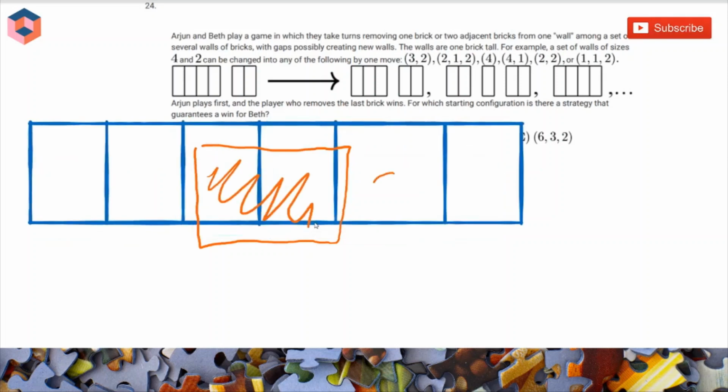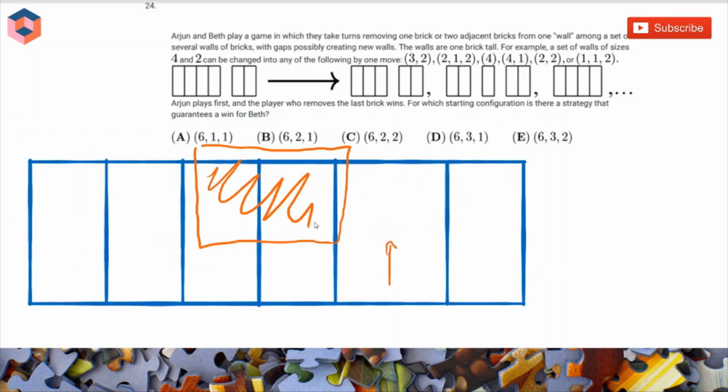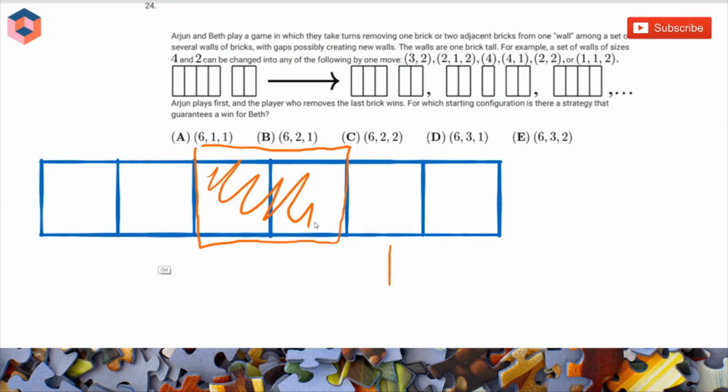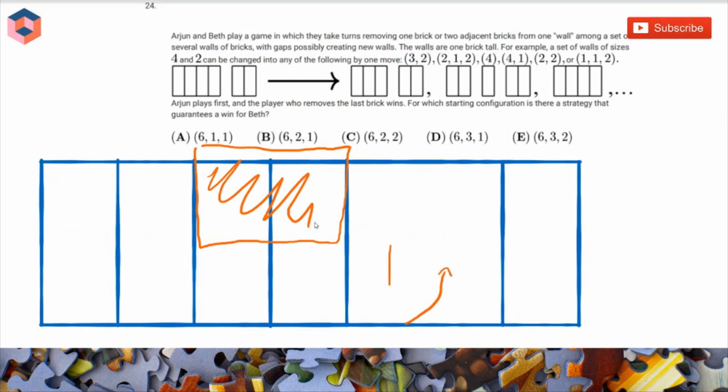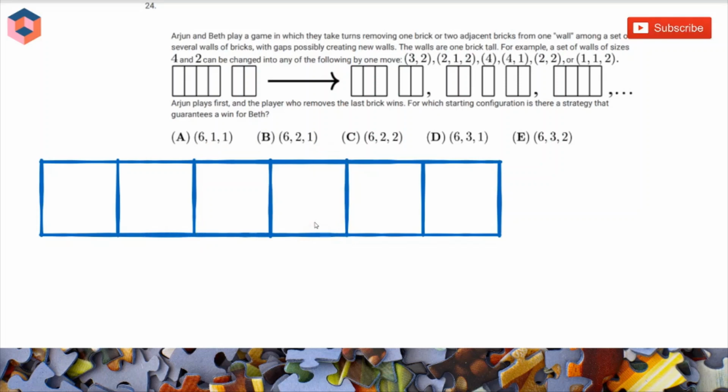So for example, if Beth picks this one, then Arjun can pick this one. And if Beth picks this one, the one to the right of that, then Arjun can just pick the one on the opposite side. Basically, whatever Beth does, Arjun would just mirror that, and he would get the last turn.